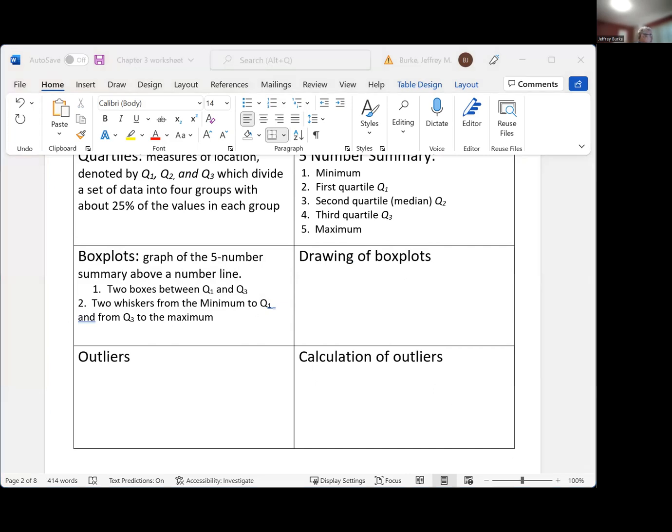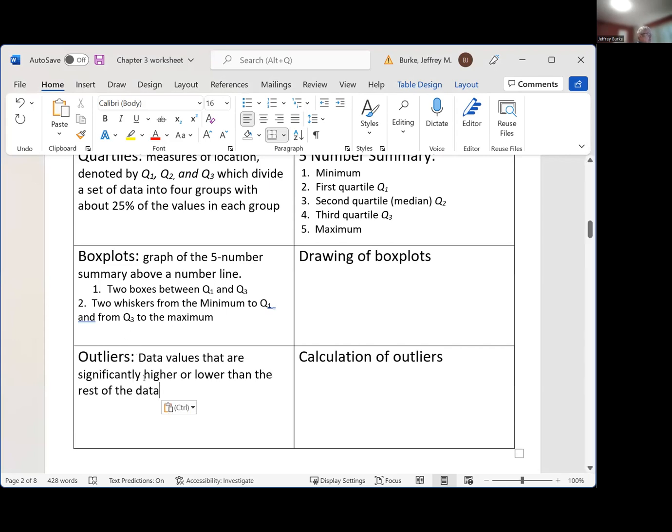And finally, one thing that StatCrunch is also going to do, which is really nice, is determine outliers for us as well, which have always been difficult for a lot of students to calculate. The outliers are data values that are significantly higher or lower than the rest of the data.